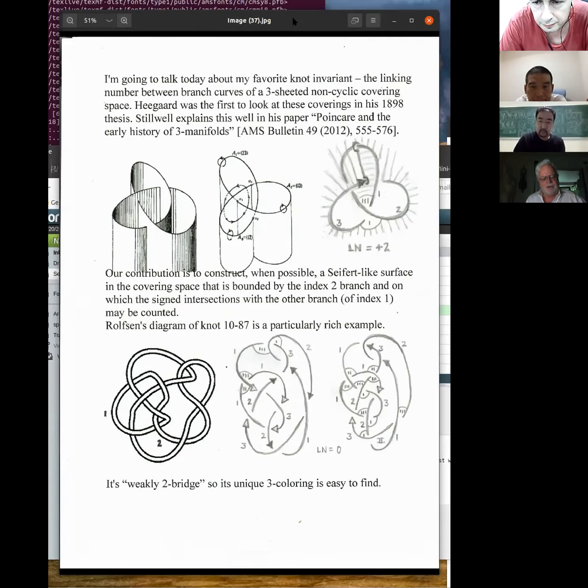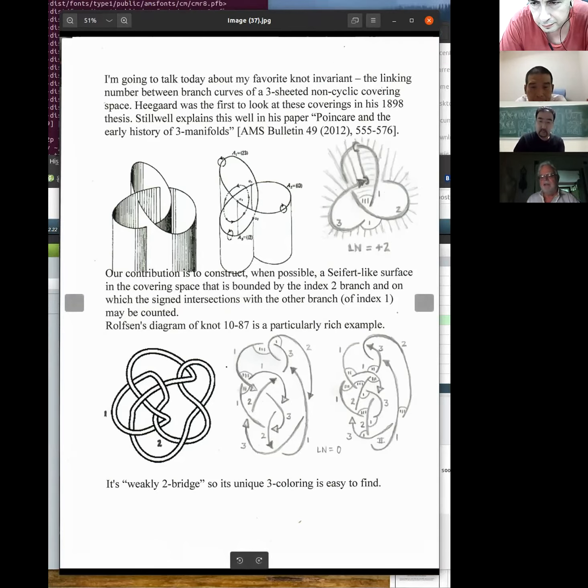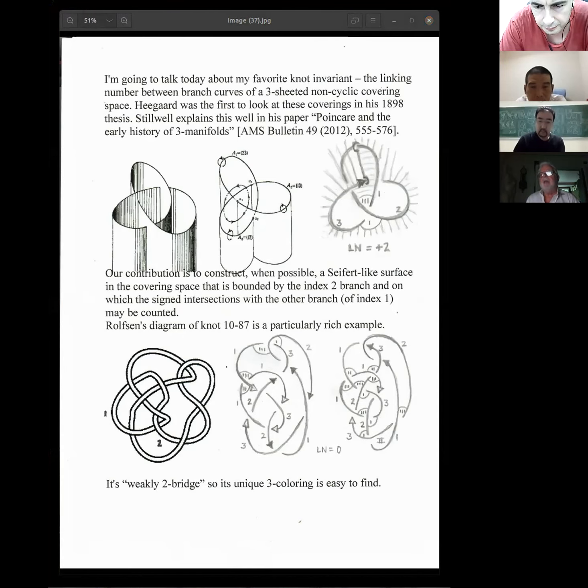And Seifert showed that that can always be done for any diagram, and that what you get is an oriented surface that bounds the knot. And the canonical Seifert surface of a particular diagram isn't necessarily the minimal Seifert surface, but it's a perfectly nice surface bounding the knot.